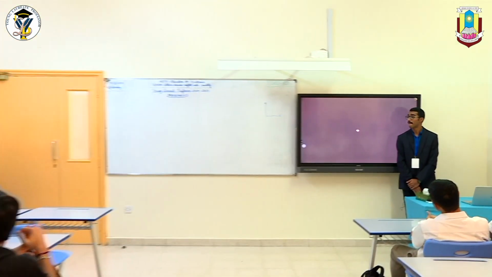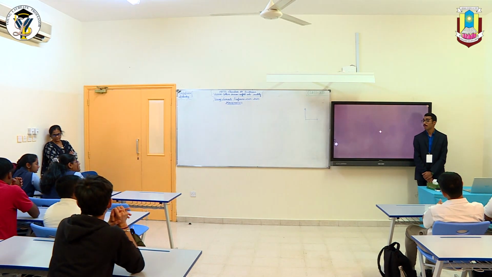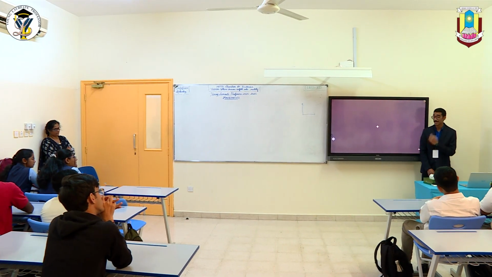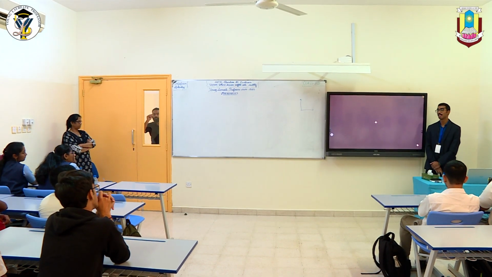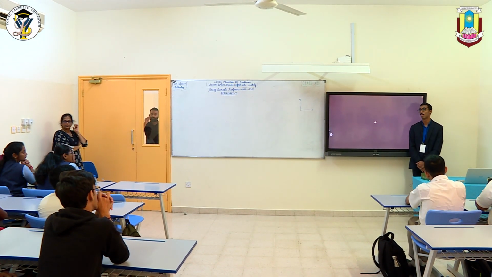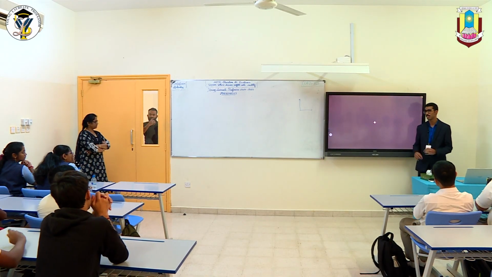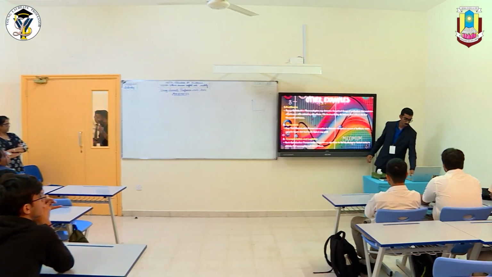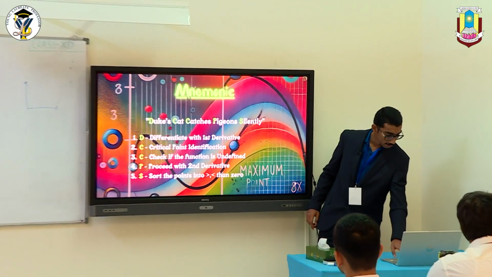Any questions? How exactly do we use critical points to find maxima and minima? Critical points are basically coordinate points in the graph with which you can find out. Wait, let me go to the slide so I can clarify better.